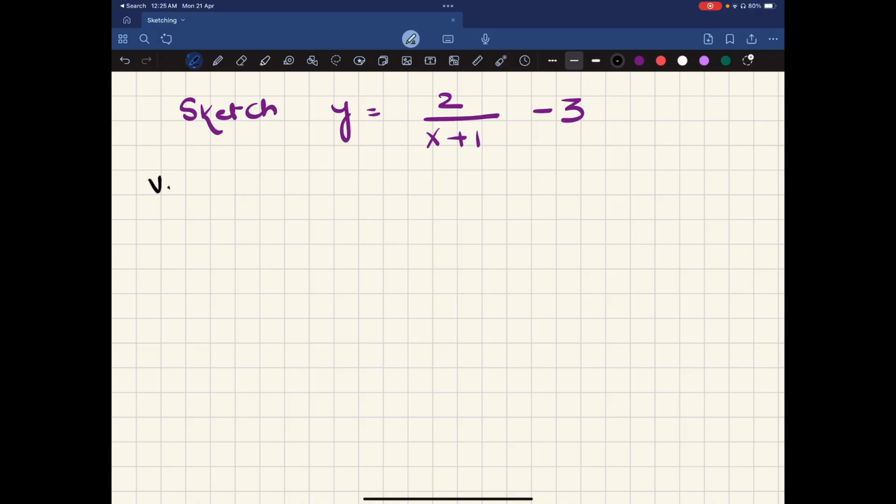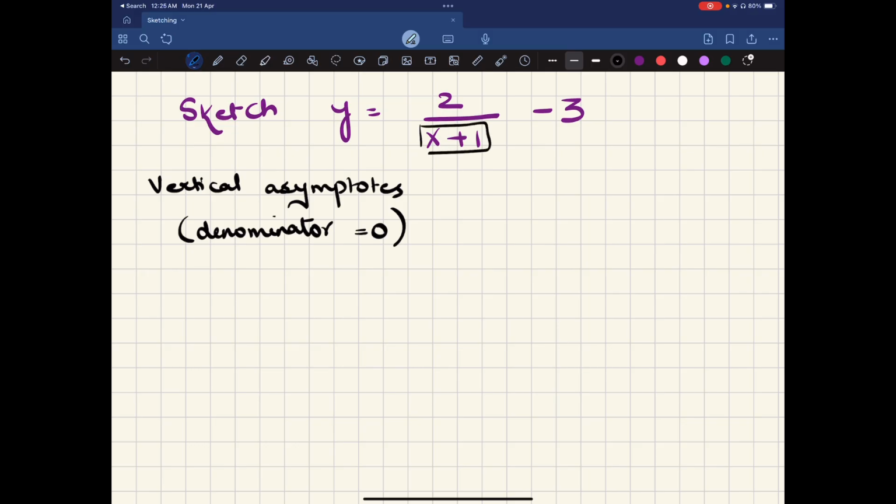So for vertical asymptotes, what do we do? We put the denominator equal to 0. The denominator in this case is x plus 1. So x equals negative 1.